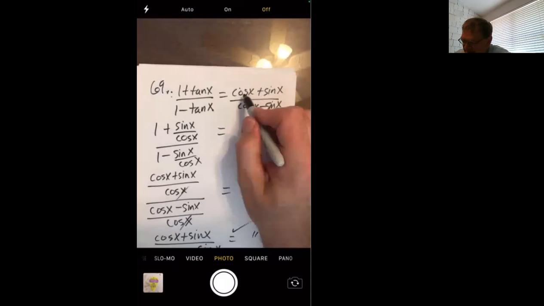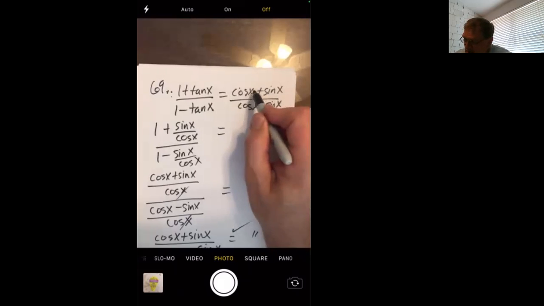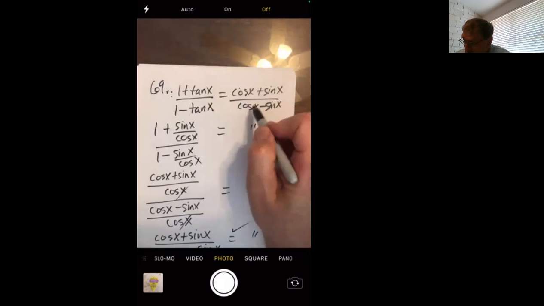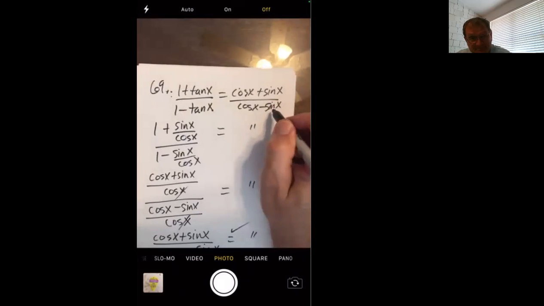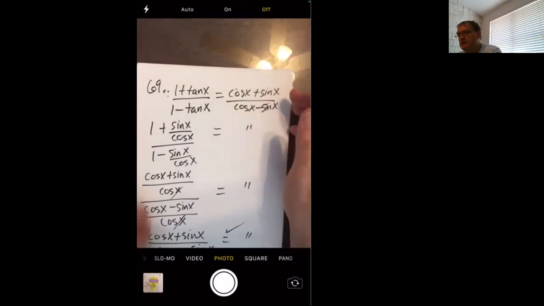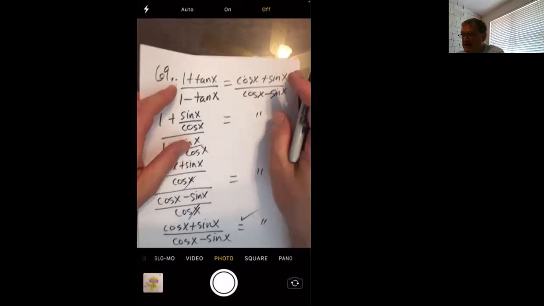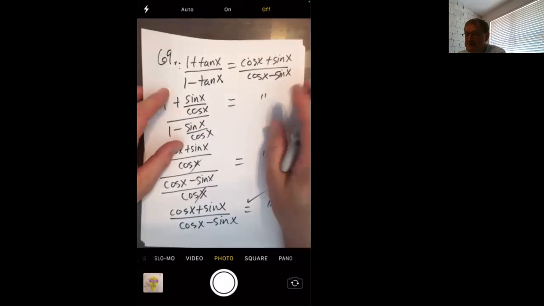You could have divided everything by a cosine. Cosine gives you the 1, divided by cosine gives you the tangent. So if you can see something like that, it probably was a little shorter. I'm just trying to do them all the same way, trying to keep the confusion down.